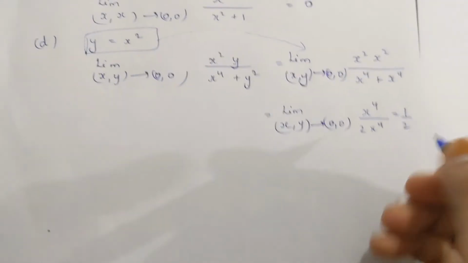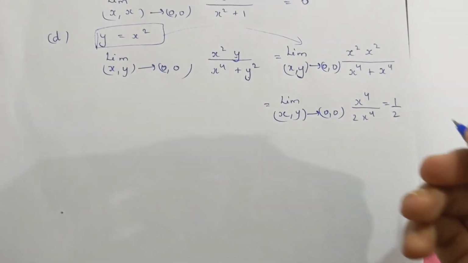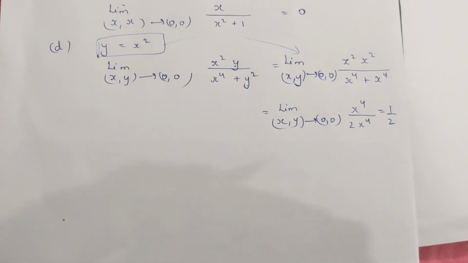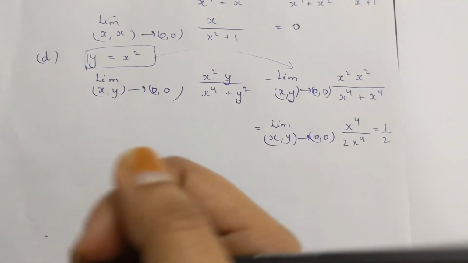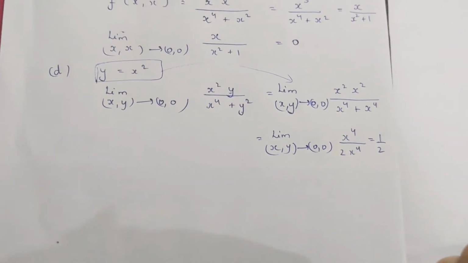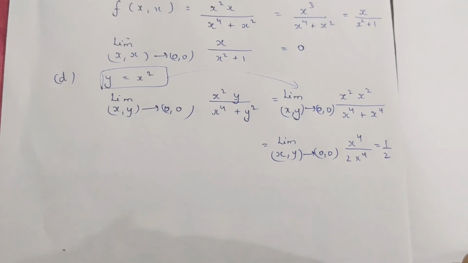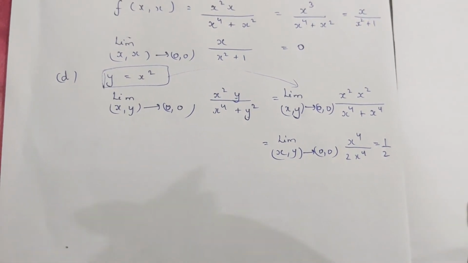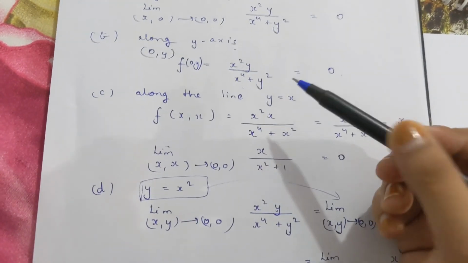After seeing this result, we come to know that the limit doesn't really exist. So we need to think quite a lot about this before doing questions, because in this we don't need to look at only the x-axis, y-axis, and the line.